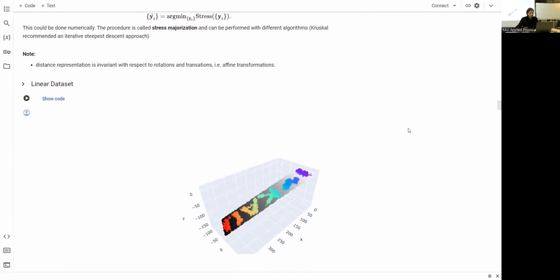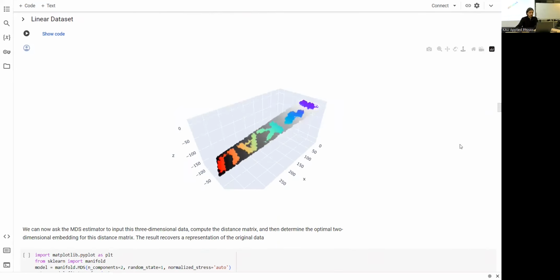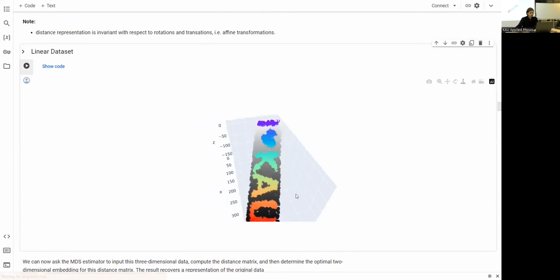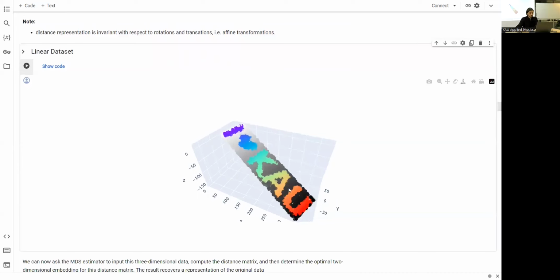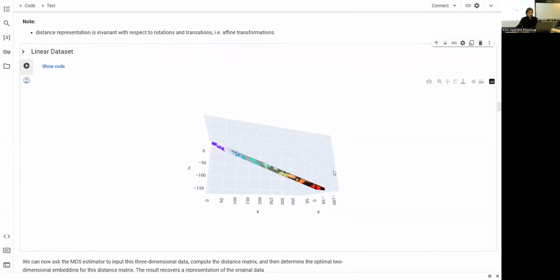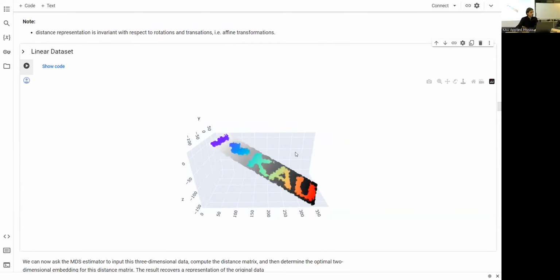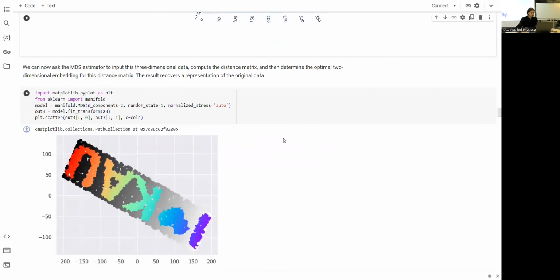Okay, let's try to use MDS on some data sets. Here is the simplest data set we can think of. Here are our points, and I have just placed them on a plane in a three-dimensional space, so each of these points has three numbers as its coordinates. Now I try to perform MDS. It is very simple.